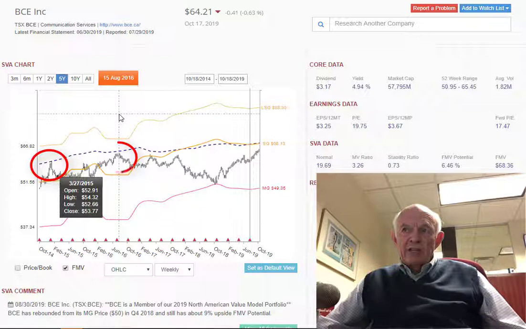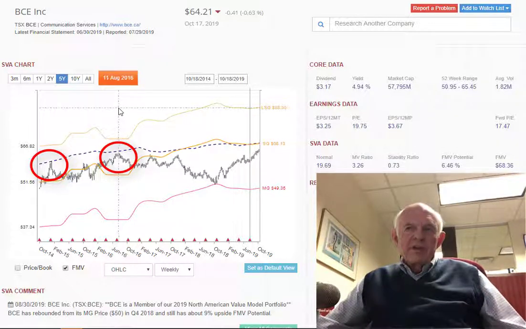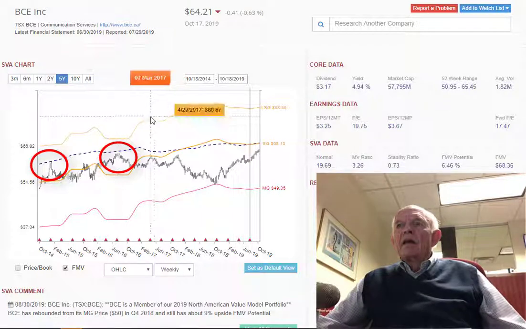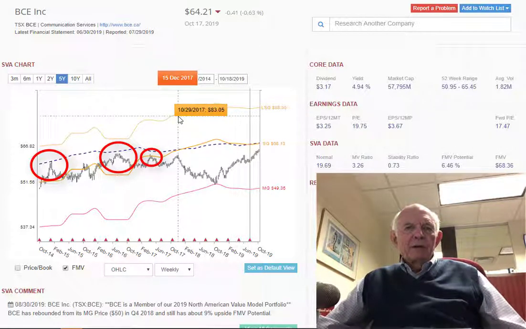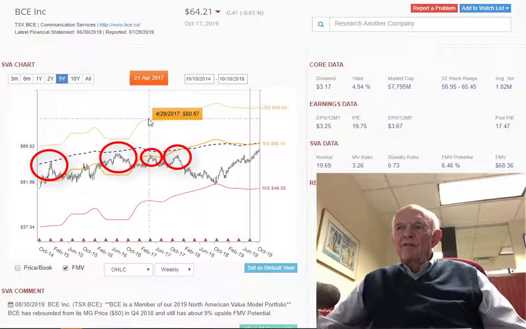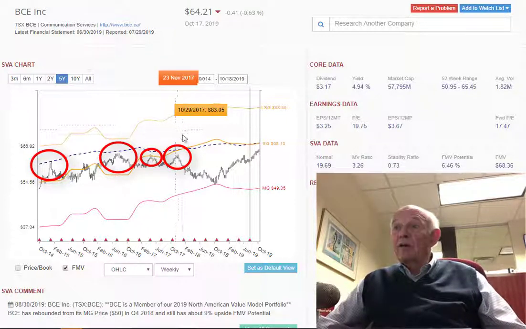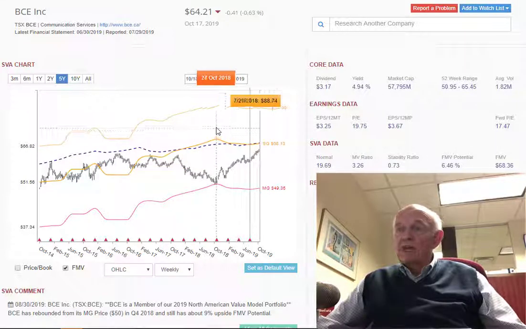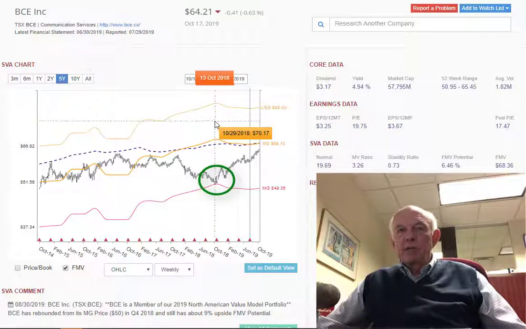And the second time after a setback, fairly close to it. Okay, third time, not so close, and then the fourth time, the market sort of said, forget it. The fair market value wasn't going anywhere, and frankly, we're sick and tired of being up at the fair market value, and so we got a nice setback in the stock. And indeed, it fell right to the next lower breakpoint and gave us a perfect buy in the stock.